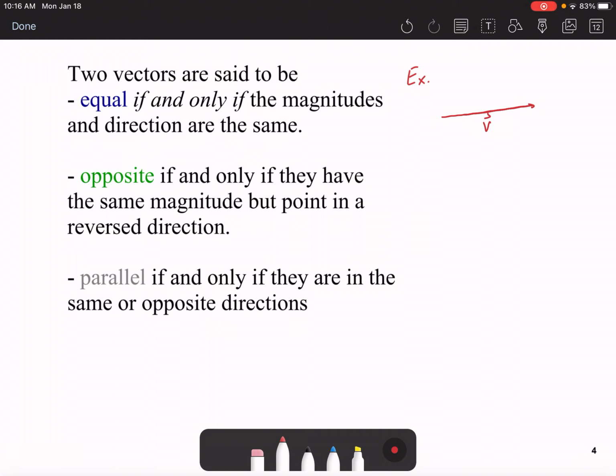Now I'm going to move my ruler in the same orientation as before and draw something the exact same size, headed in the same direction. Parallel, in other words. So these two vectors, u and v, are headed in the same direction. They're the same vector, so we say u is equal to the vector v.